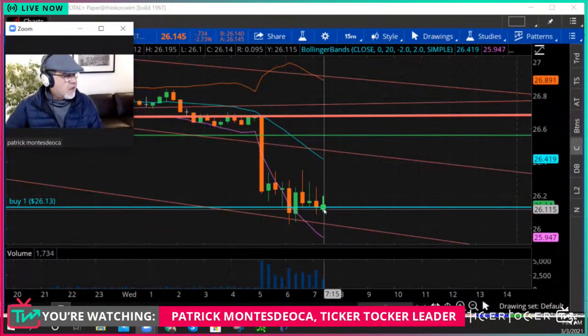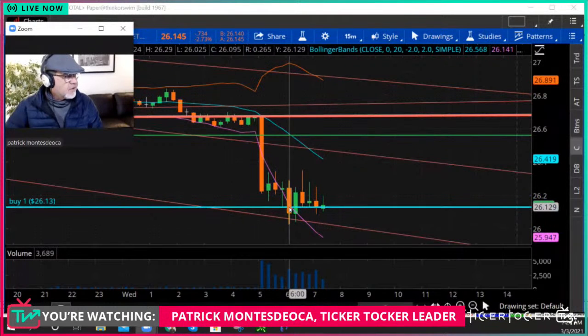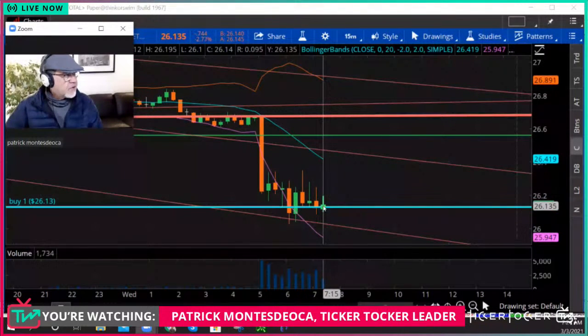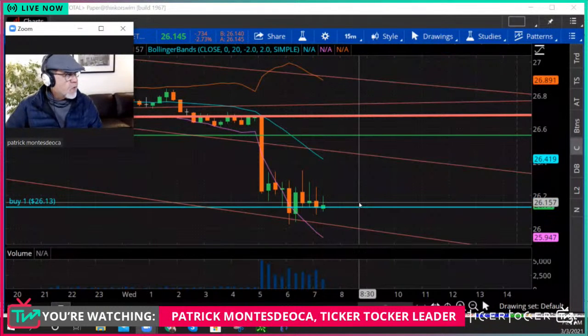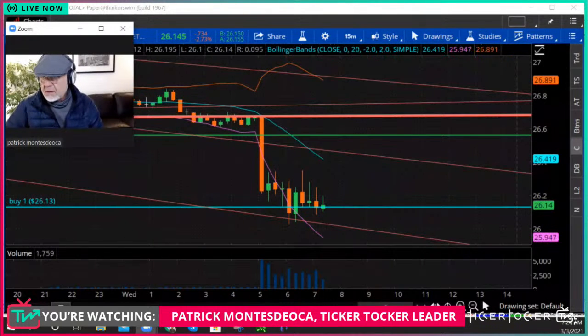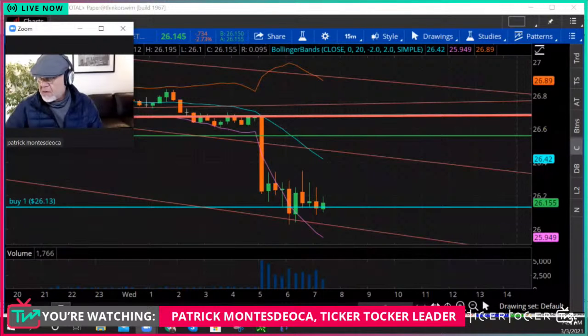This is the trigger point. Close up in about 5 minutes at 7:30. A close above 2613 will activate a silver long or buy trigger.